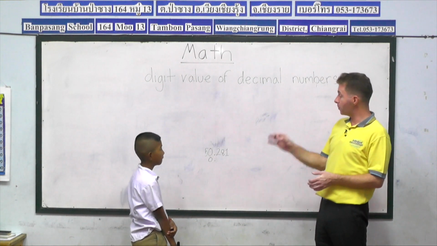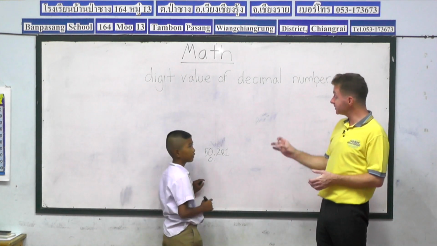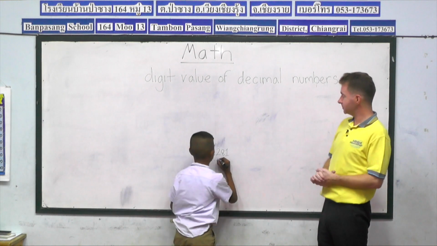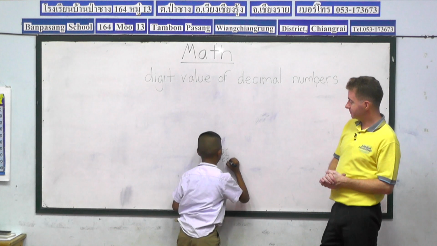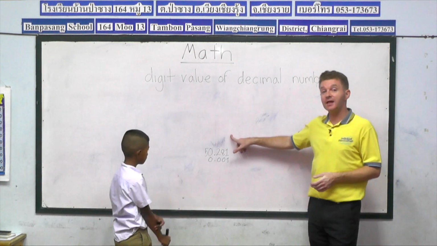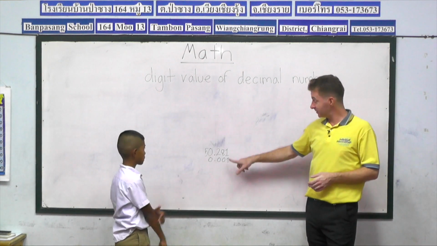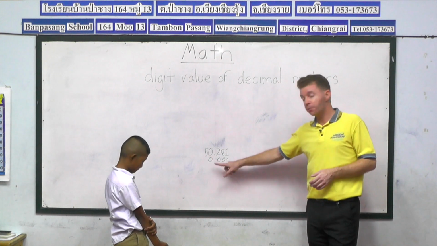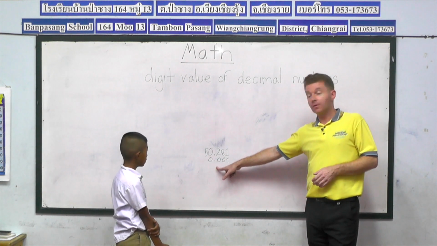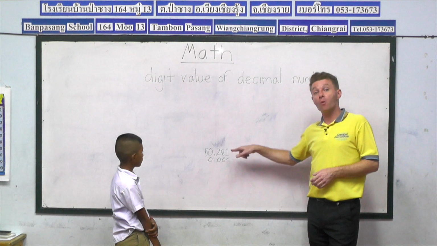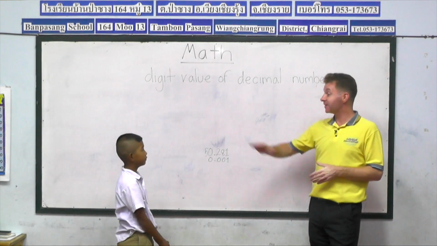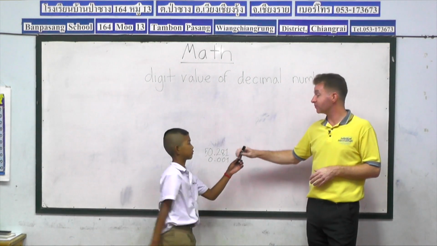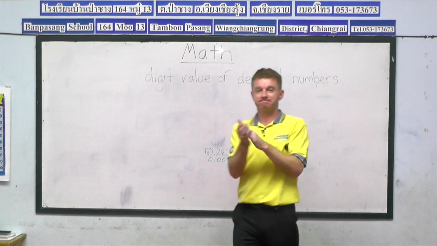So 0.001. Because the place value is thousandths, this is known as 0.001 thousandths. Pat, that was brilliant. High five and a big round of applause for Pat, please, guys.